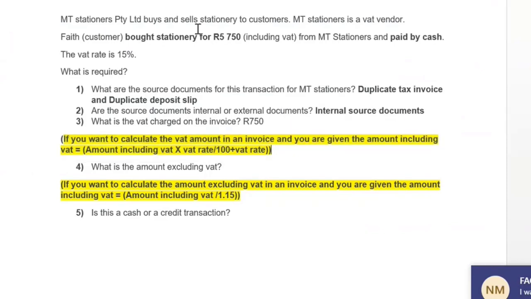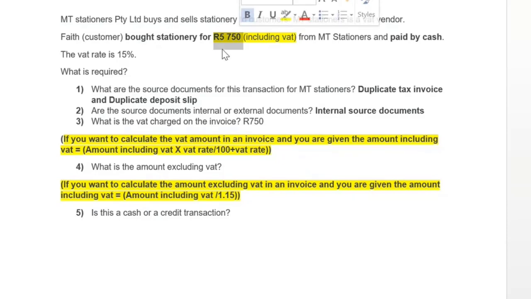If you are given the amount including VAT. So if, guys, in a transaction, you are given the amount including VAT, in this case this is the amount, I've highlighted the amount in yellow. You are given 5,750 in a transaction, and they tell you, please calculate the VAT amount.